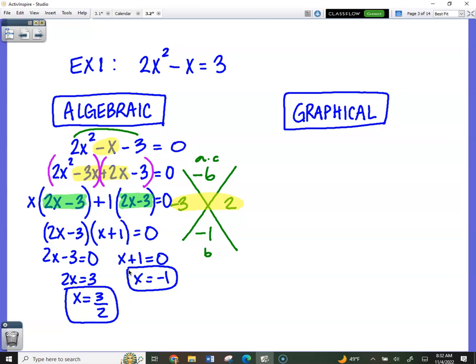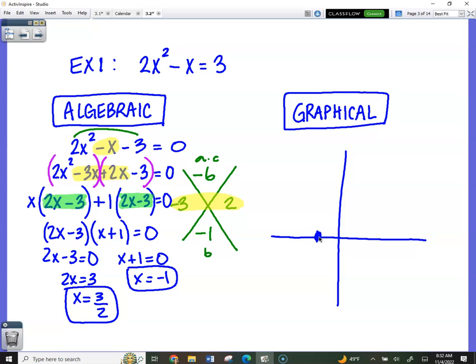Now, in terms of graphing, this would be a quadratic opening what direction? Up, and it's going to cross where? -1. So we're going to have a cross there.